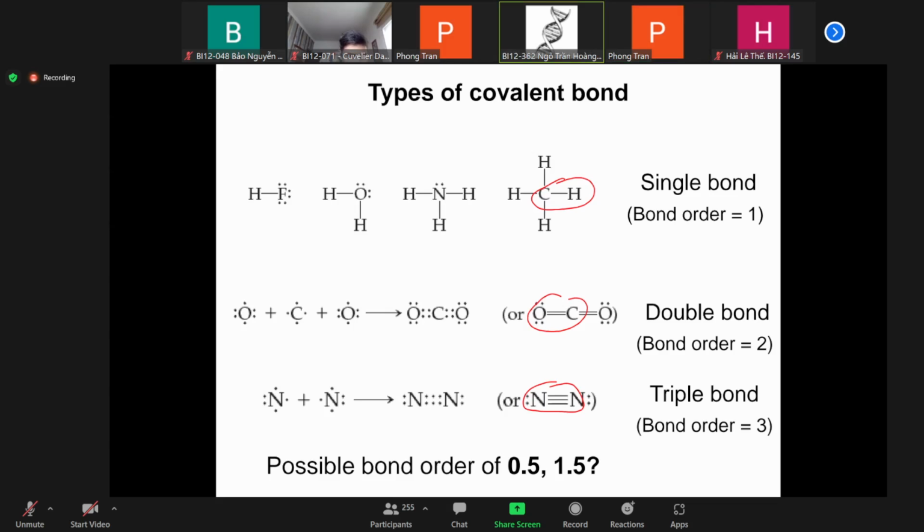I guess I think no, because electrons should be going in pair in subshells. So anyone think that yes, we do have?